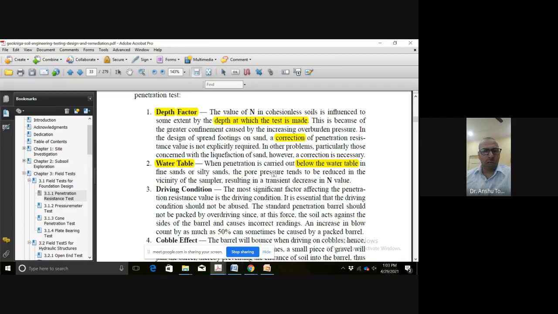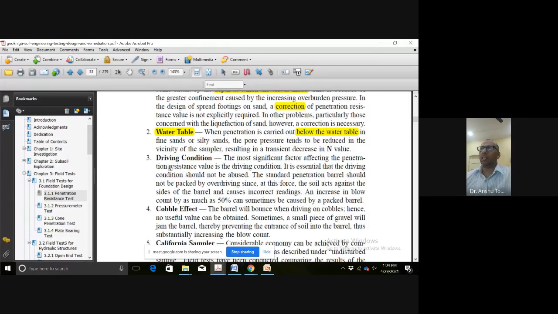We want to do the testing for the pier, which is in between the river. So there we will have to stop the water for the soil sample collection, but it will be already a saturated soil whose properties we will be requiring. So that will interfere with the results.